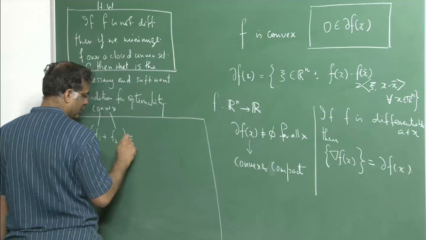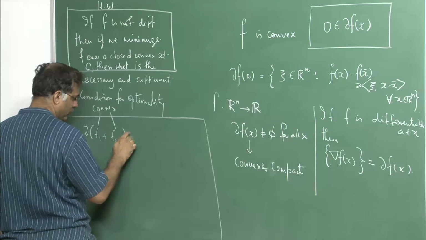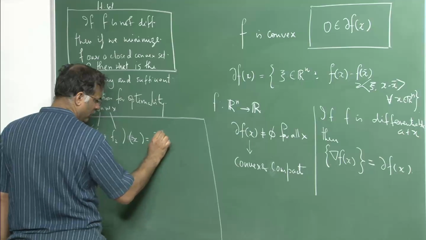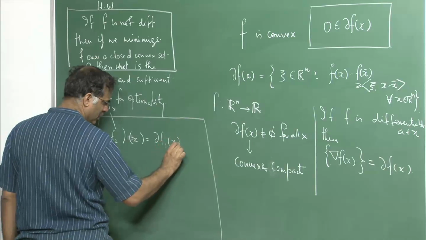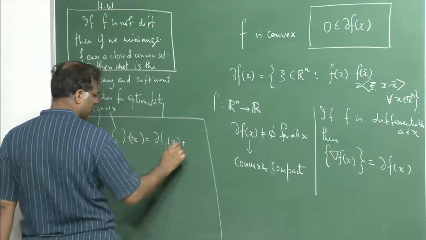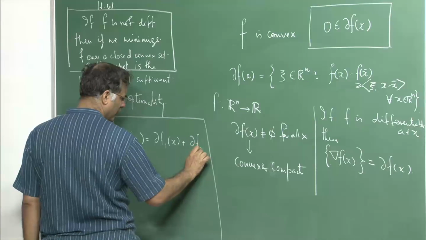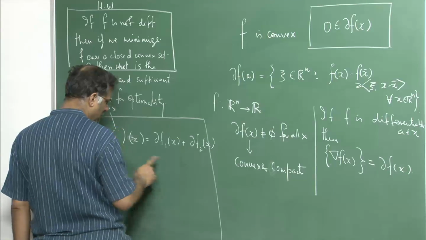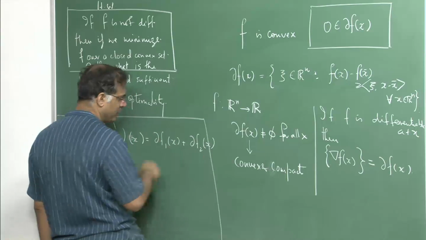So, this set computed at any x in Rn would be the same as the Minkowski sum of these sets. That is, any element here is the sum of one element here plus one element here.